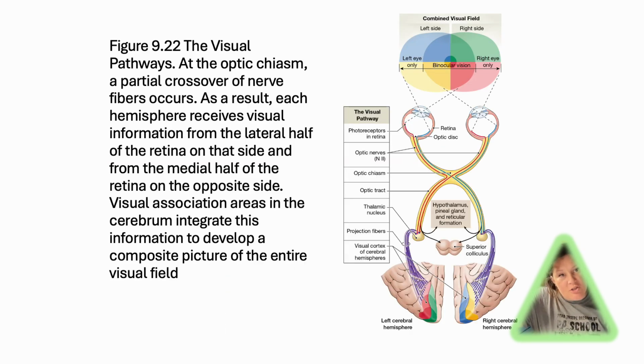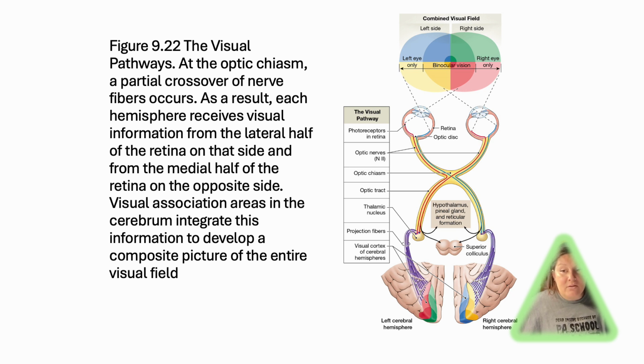So another thing to note is that our sight is not just one direction, right? Part of, let's say, the left eye, the lateral part, is going to send information from the lateral side of the eye, and as you can see, it's going to follow the optic nerve and travel to the left side of the optic tract.